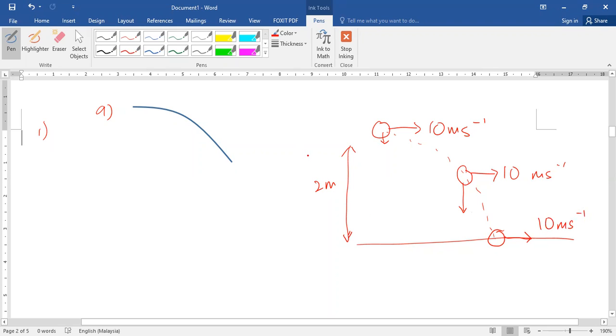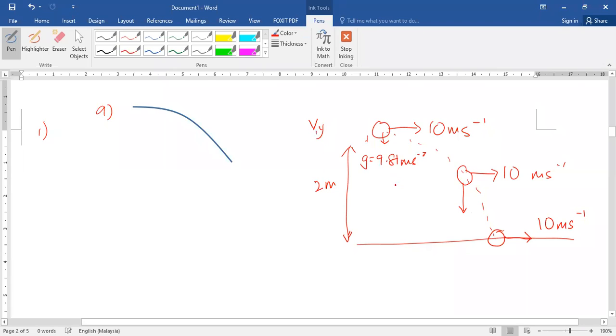Now, what will be the acceleration? The object always has an acceleration of g equal to 9.81 m/s². For this part also 9.81. Initially, what is the speed? What is the Vy?